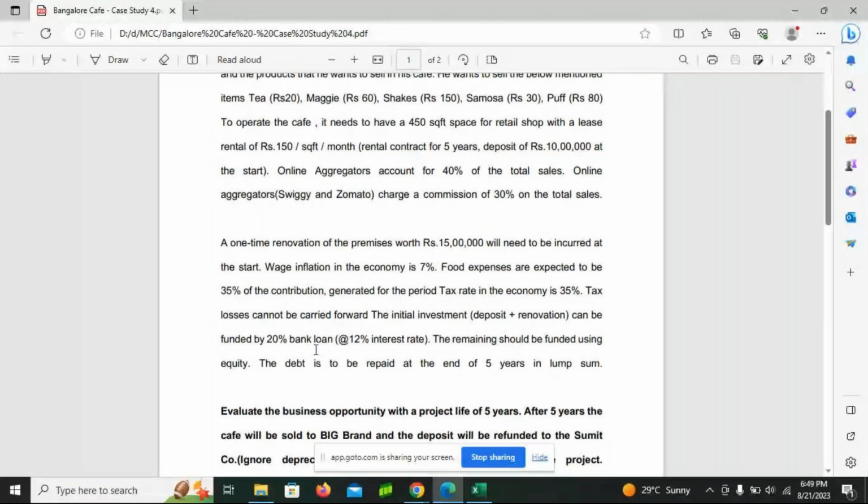So out of total 100%, 20% is planned as a bank loan at an interest rate of 12%. The remaining should be funded using equity. The debt is to be repaid at the end of the fifth year in lump sum. So we have to pay this debt amount at the end of the fifth year.